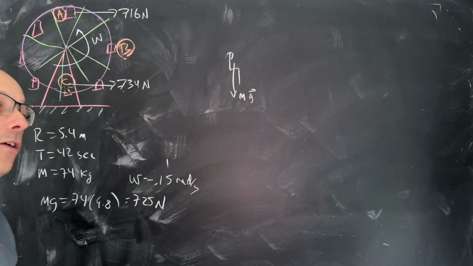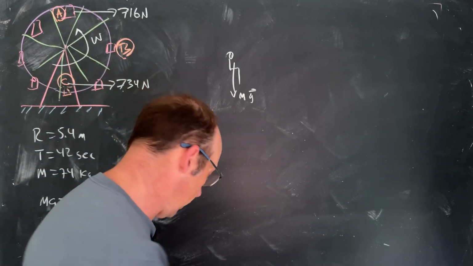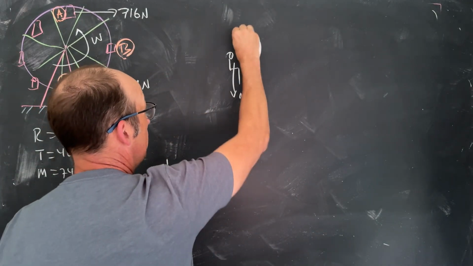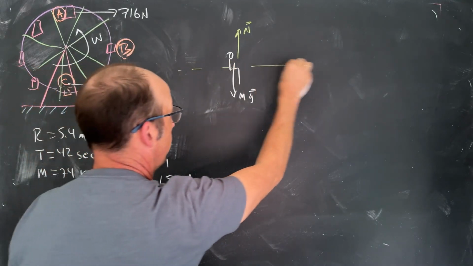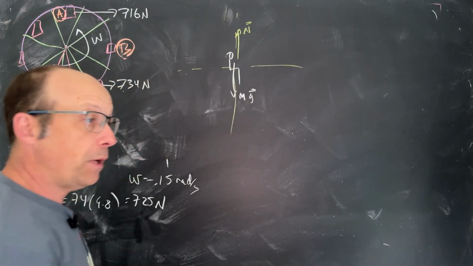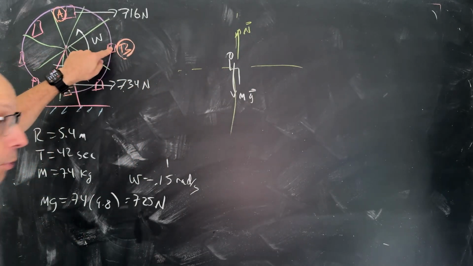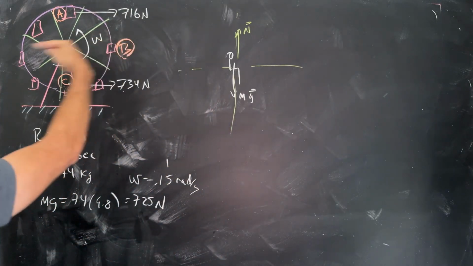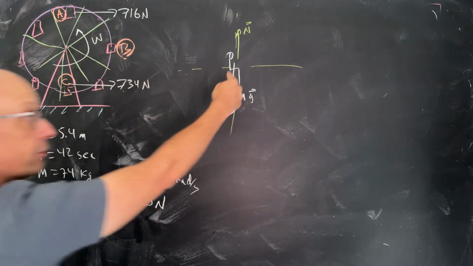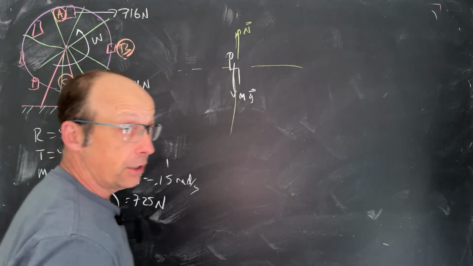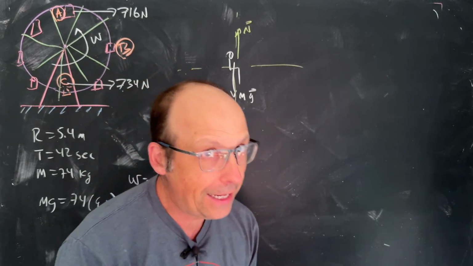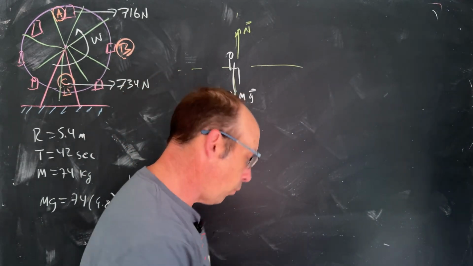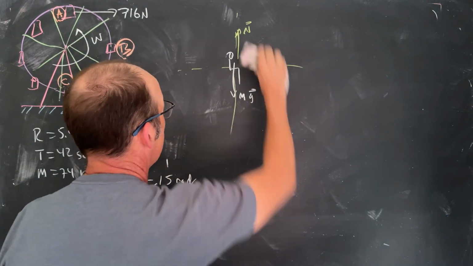Now, the normal force, let's say I'm going to put my normal force up like that, and then I'm going to use my x and y direction, that's fine. But which way is acceleration? At this point, the acceleration is this way. And there's no force in the x direction. So the person wouldn't accelerate in the x direction. But the person has to accelerate in the x direction. So there's only one way to fix this problem.